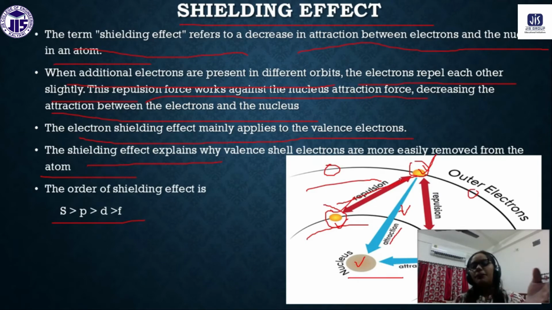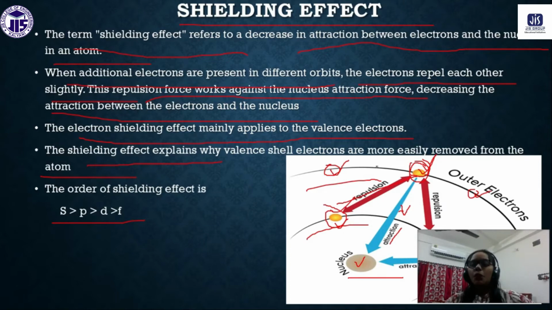They again have the same tendency to become a barrier and shield the attraction force, so that they cannot be attracted by the nucleus more strongly.